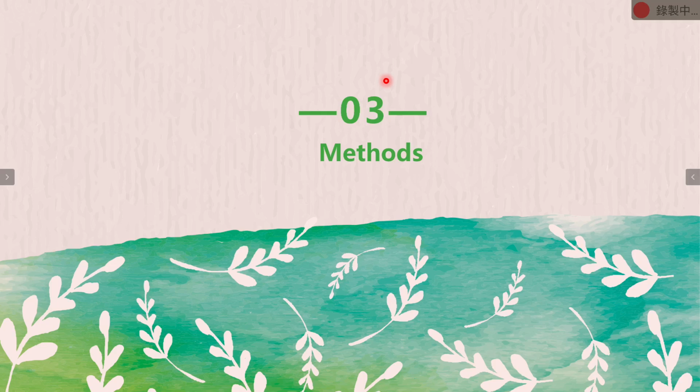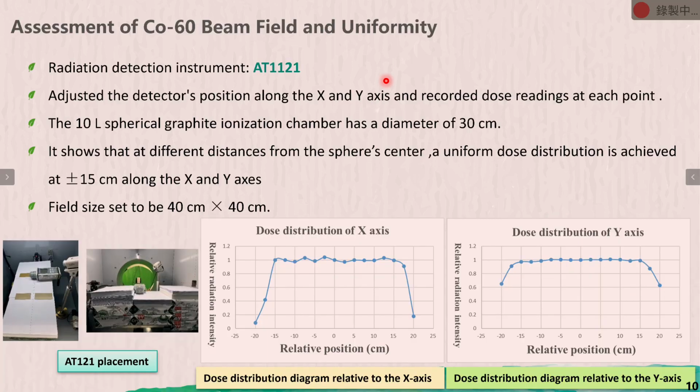What about our method? To assess the cobalt 60 beam field and its uniformity, we use the AT1121, a radiation detection instrument like this. We put the A4 paper along the x-axis and y-axis, and we change the A4 paper thickness to show the different distances from the source center.